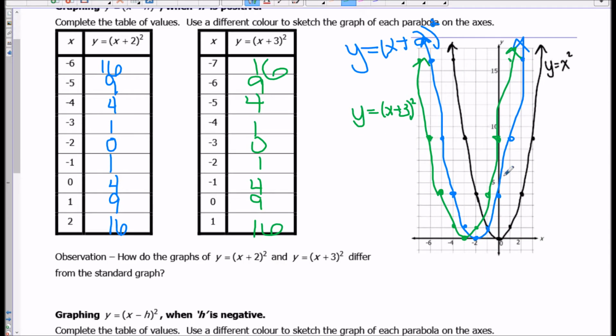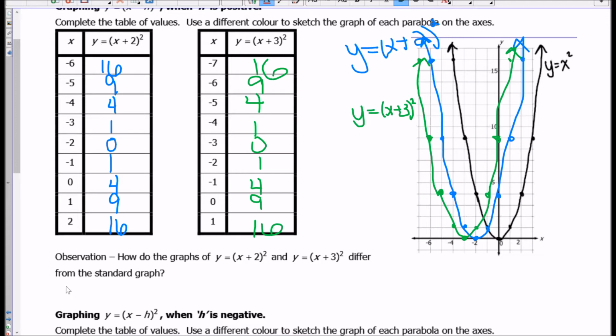So if you noticed right here, the standard equation is the black one right here, the black parabola that we have here. And it says, how do the graphs of y equals x plus 2 all of it squared and y equals x plus 3 quantity all of it squared differ from the standard graph? And we can figure out that it's different because this time it didn't go up or down, it actually moved to the left. So if it's a positive number here, we're going to actually go to the left.